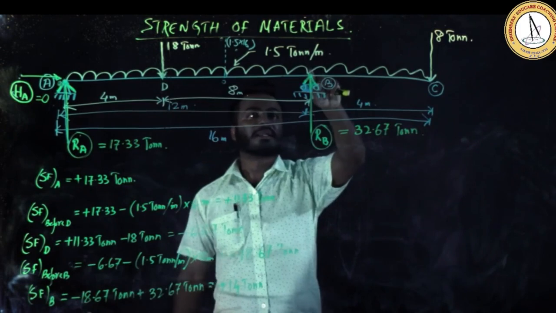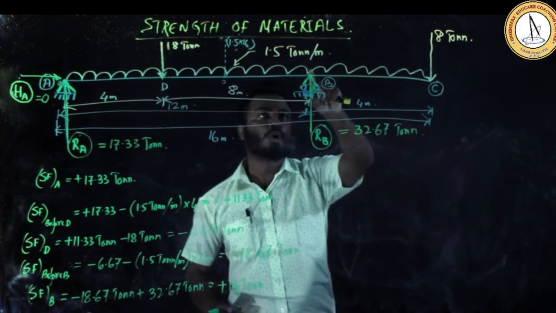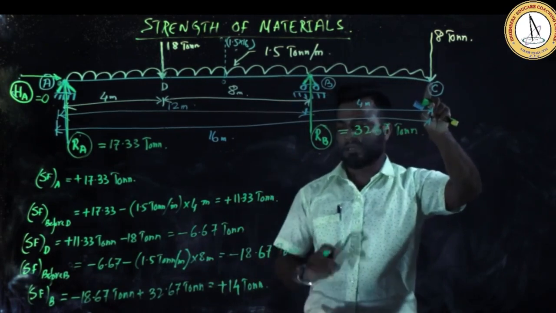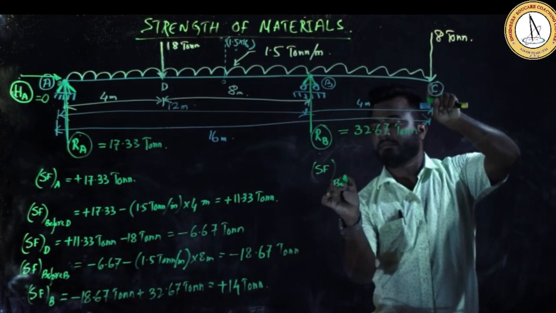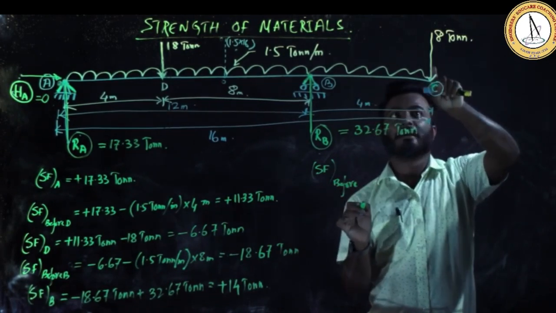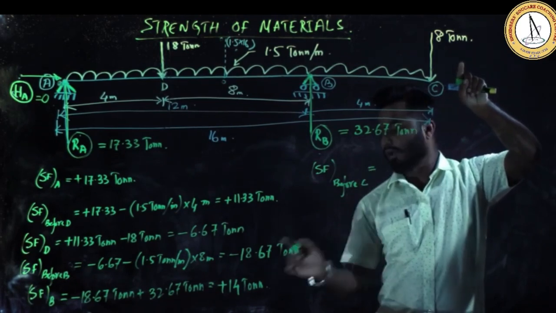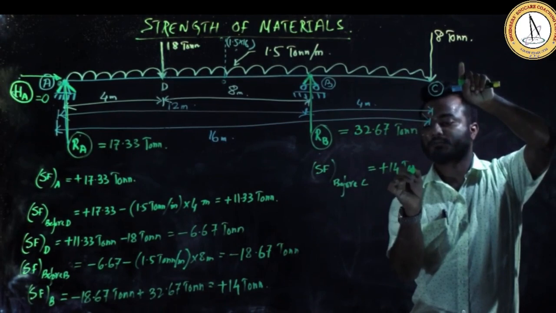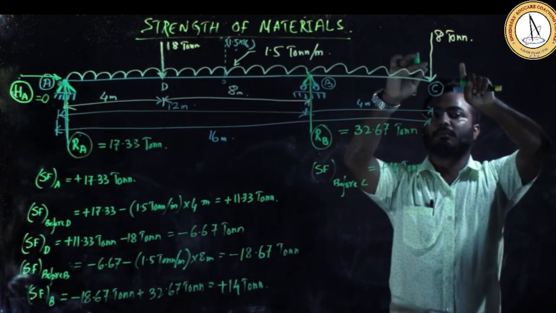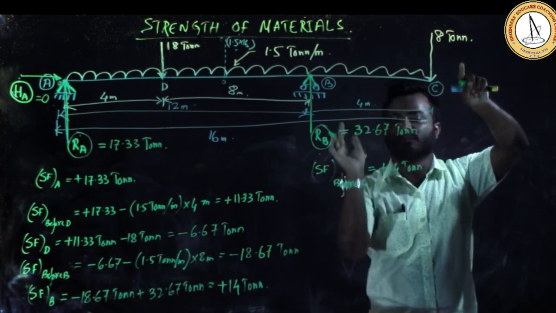Now I have calculated the shear force up to B. This is already an algebraically summed value. So just before C I can calculate SF before C, because at C also there is a meeting of two loads. Before C is equal to the already summed value, plus 14 ton. Again this UDL is also acting downward, so it will be 1.5 times how much length? 4.